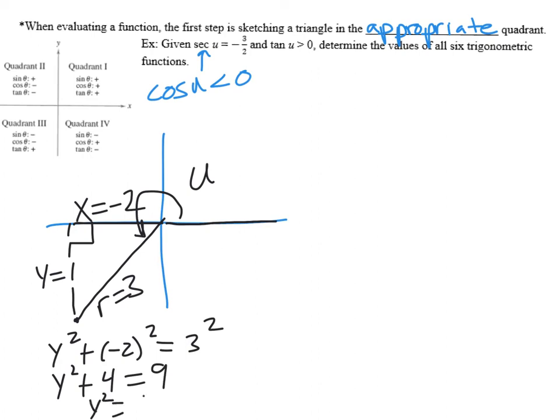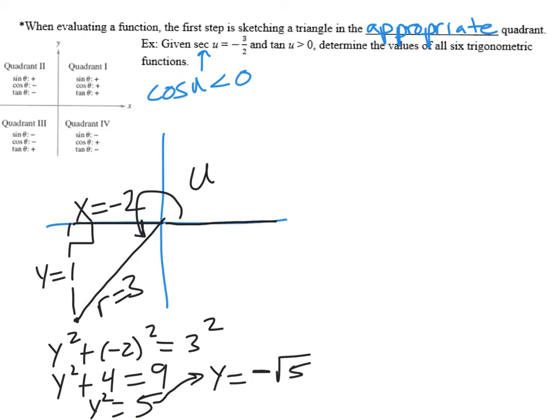Not sure if you notice this, but I am running out of room. Now, before I take the square root here, I'm just going to slide this over here. I'm going down for the y value. Before we did the square root, I knew the answer had to be negative.